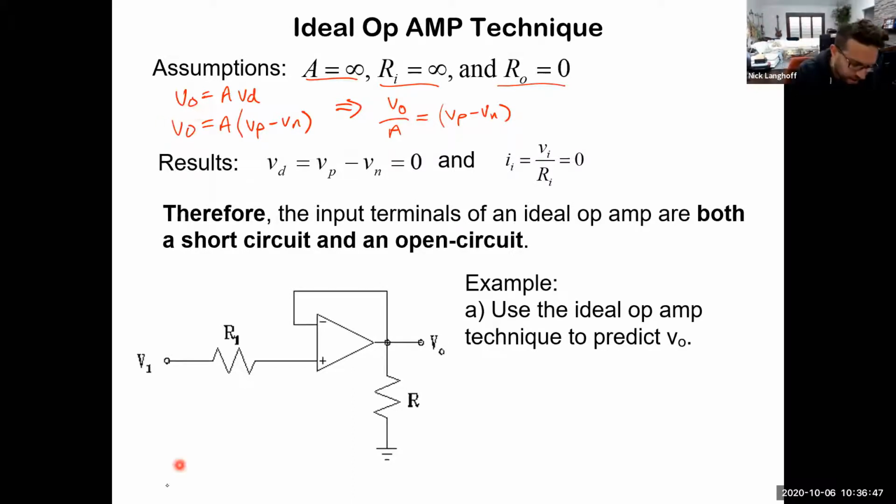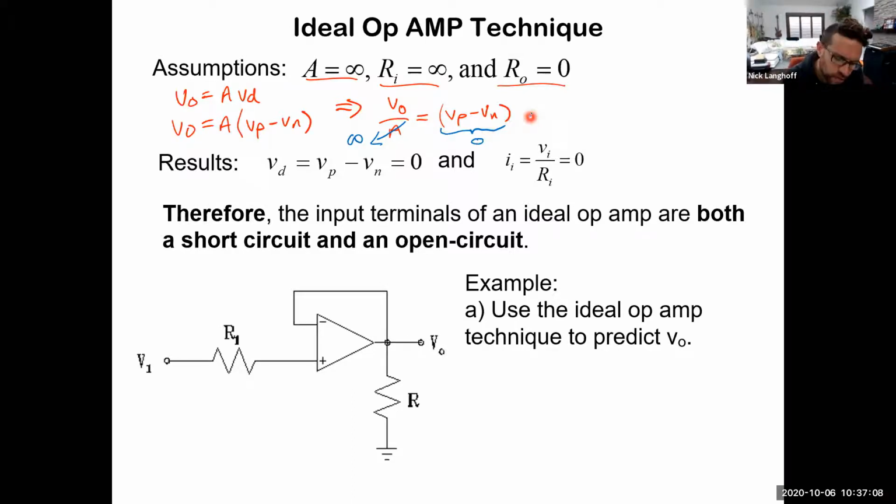Now, if A is infinite, then the only way for this solution to be mathematically consistent is that that whole term has to be 0. VP minus VN is 0.